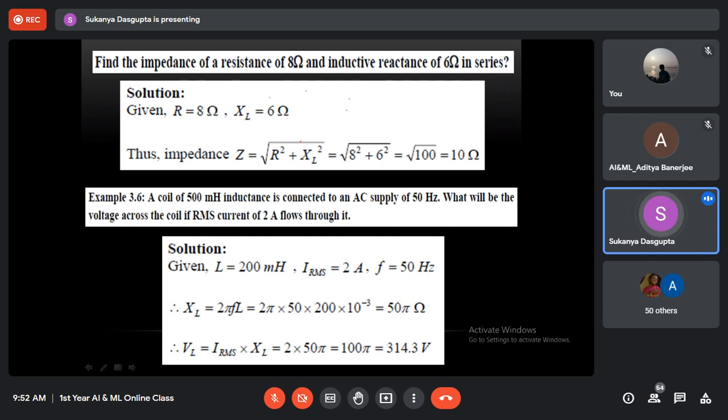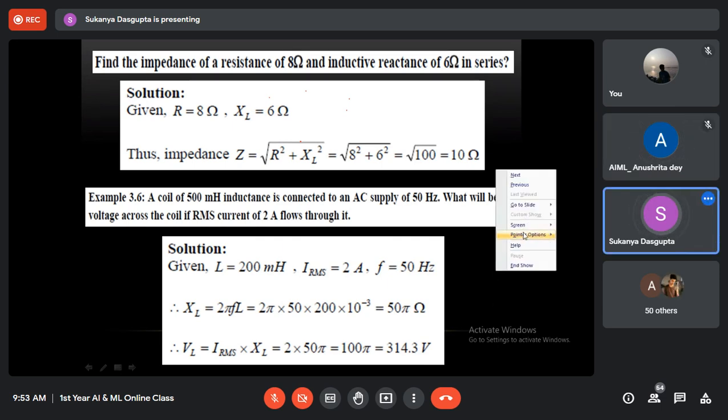Is the value correct, Anita? L is 500 millihenry now. Oh yes, ma'am, there's some error. Yes, you are right. Just a minute. L is 500.